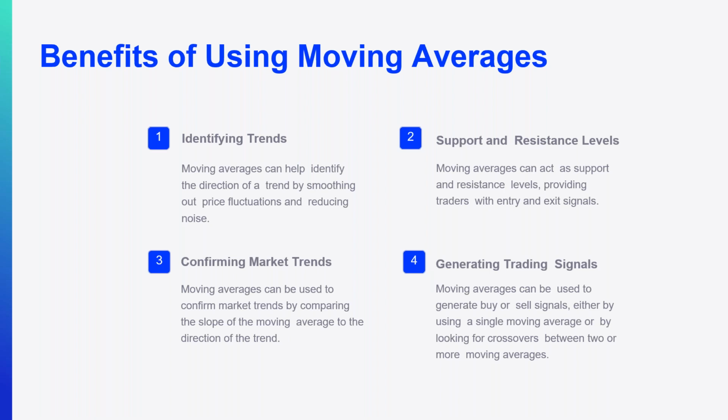The other thing is that we can confirm market trends by comparing the slope of the moving average to the direction of the trend. For example, you might see a slope going all the way up, let's say a 45-degree angle that is pretty much right in the middle over here.